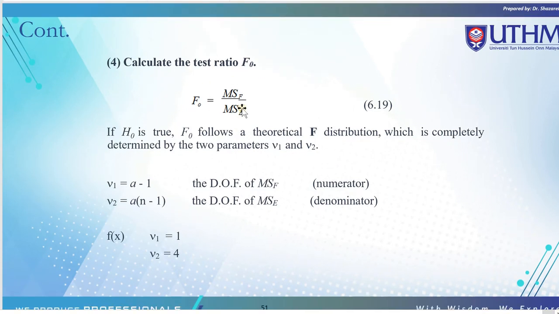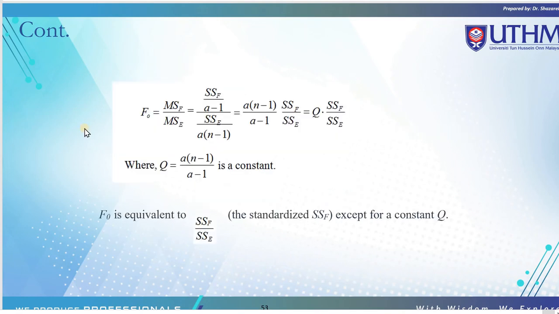The test ratio here can also be calculated by using this formula, whereby, from just now, the ratio of mean square factor and mean square error, if we use the SSF and SSE and then the respective degrees of freedom, we can simplify by using this Q constant.